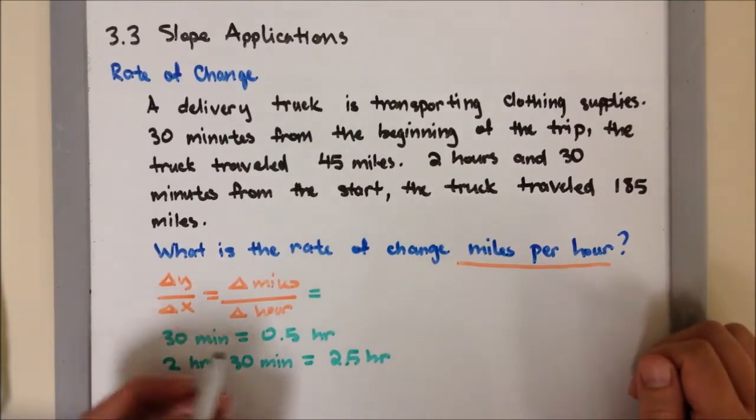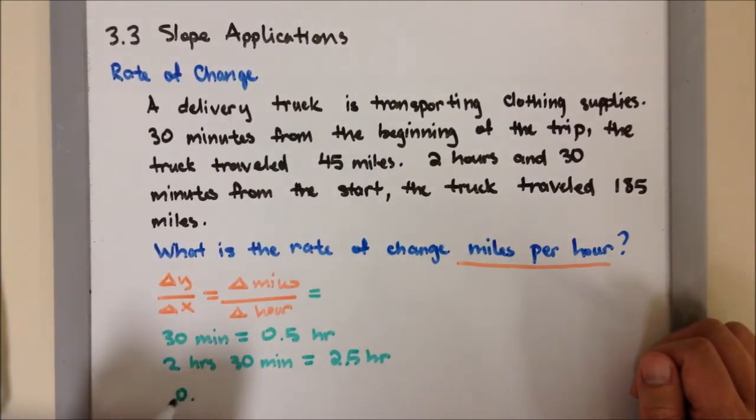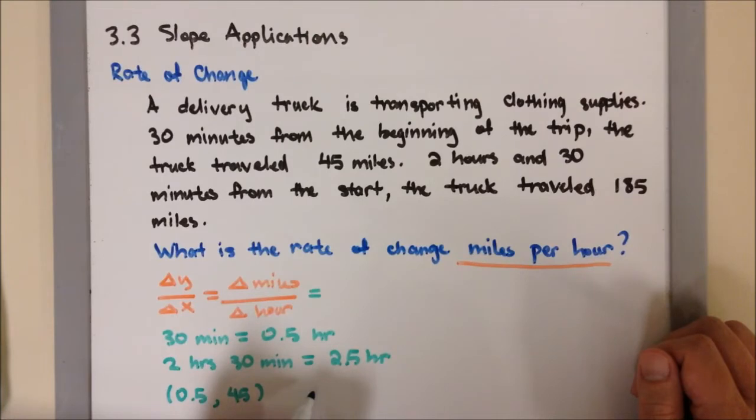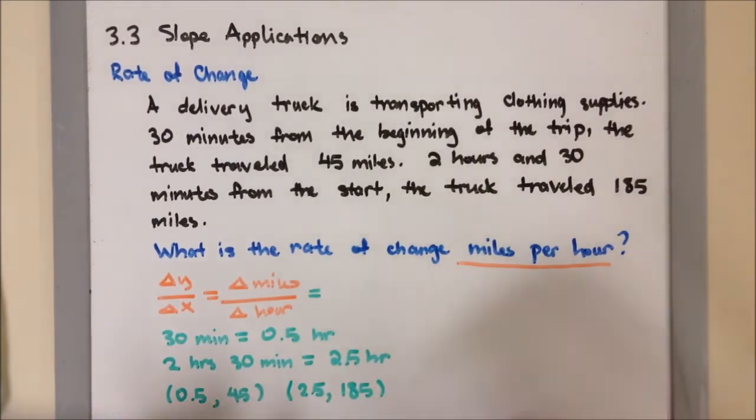So I'm going to use 0.5 in terms of hours and then 45 miles. And then the second one, 2 hours and 30 minutes, I'm going to use 2.5 hours and it traveled 185 miles. So here I can label my x1, y1, x2, y2.